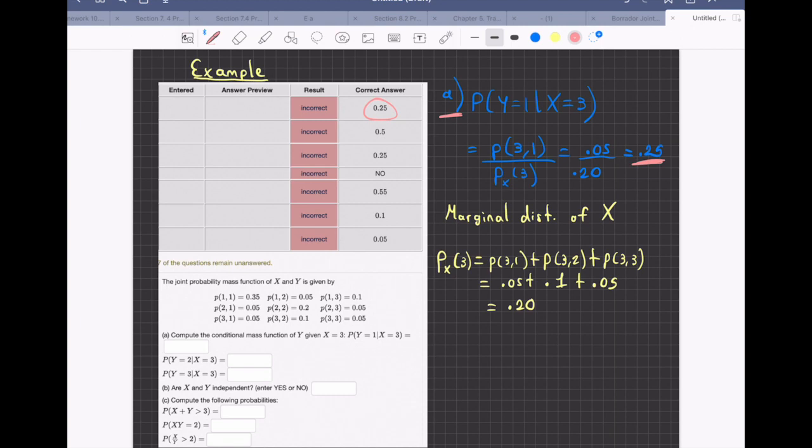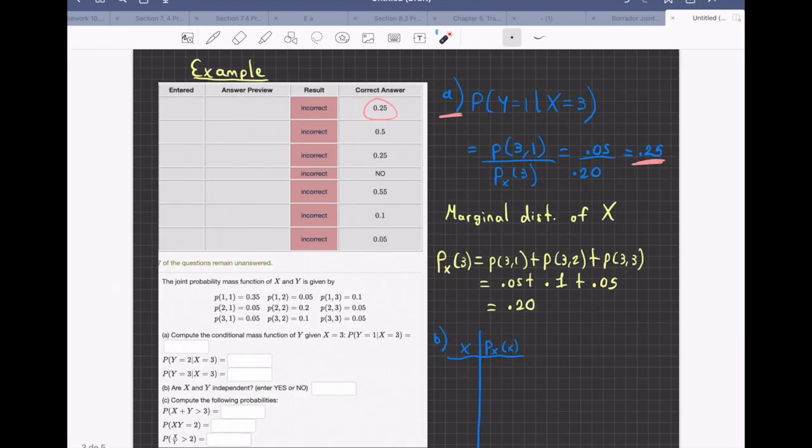Next, are x and y independent? All right, to respond to this, we need to obtain the marginal probability for x and for y. Part B, we have x and P_X of x.